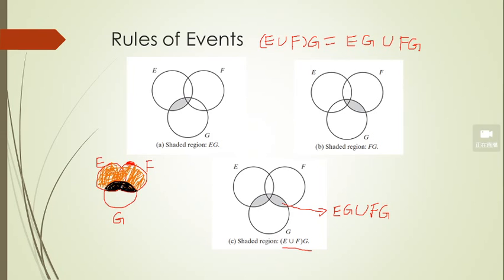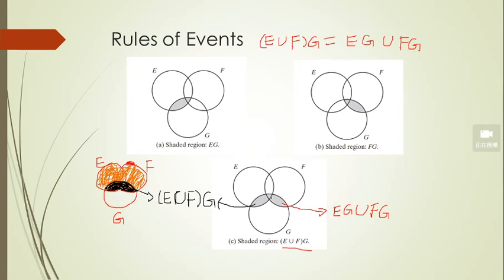So this black part is (E union F) and G, right? This is the black part, so that is the part here. They are the same, right? And what does this part mean from part A and part B?